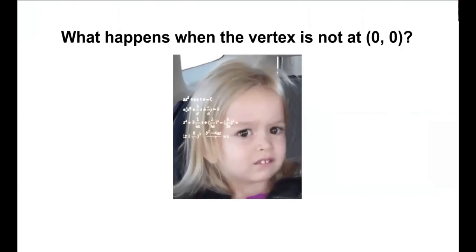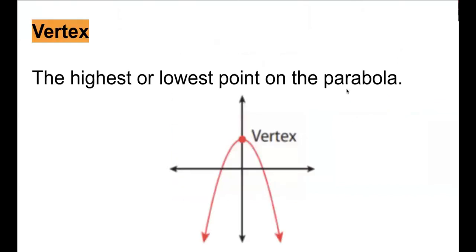Okay, so let me define the vertex so you guys know. It's the highest or the lowest point of the parabola. It can be the most right or the most left point of the parabola if we have a horizontal parabola. If it's an upward parabola, it's the lowest point.